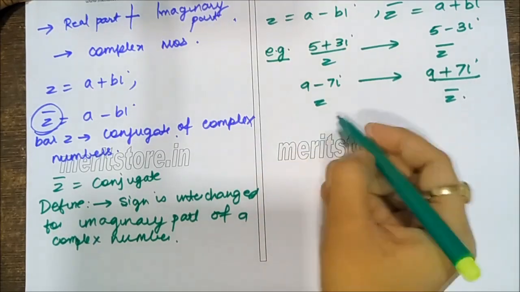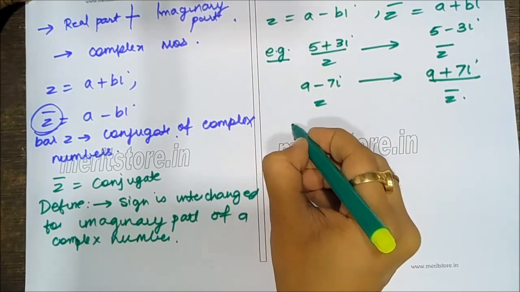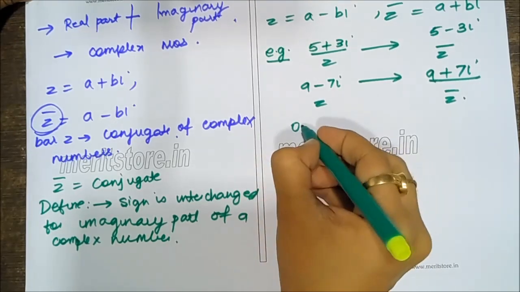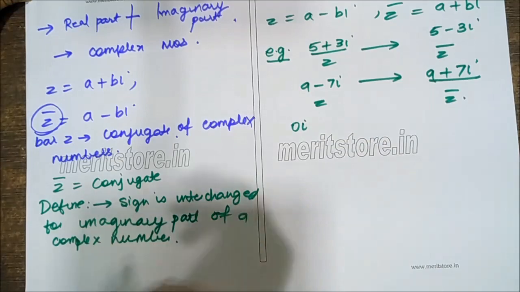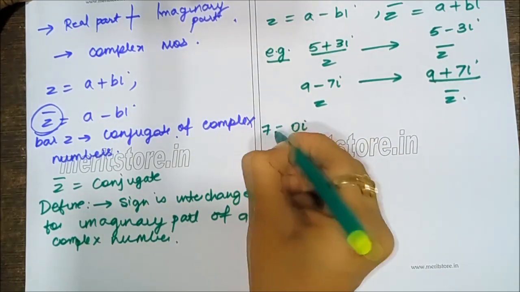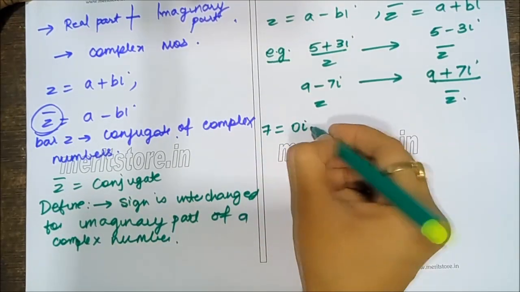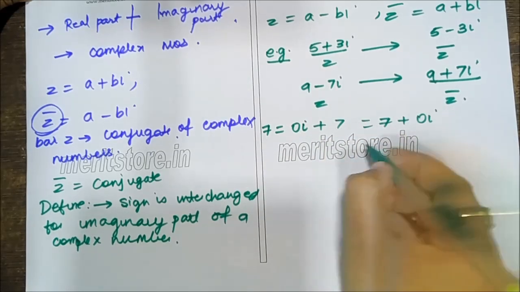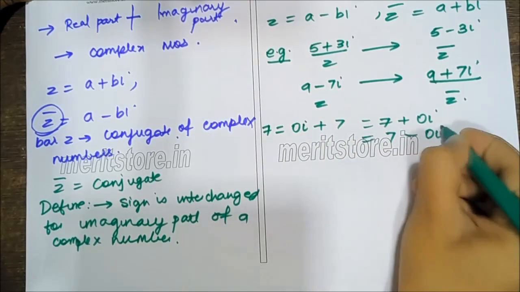And here, if I am taking only, let's say, real part, as in your imaginary is 0 and only 7 is given, so 7 plus 0i, you are writing this as 7 minus 0i, that is 7.